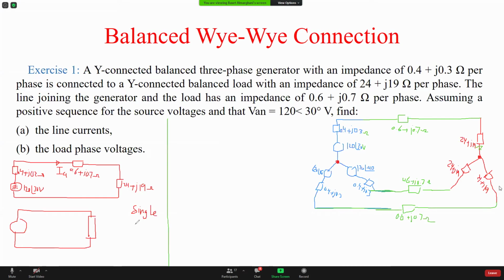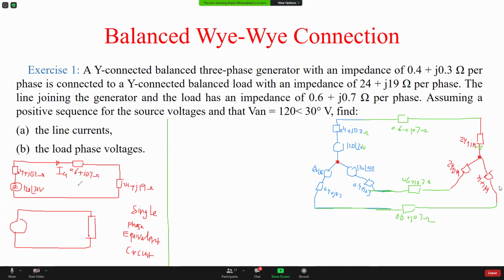It means I take one phase, and what happens in the first phase is going to be the same in the second phase and the third phase. So what is the impedance?